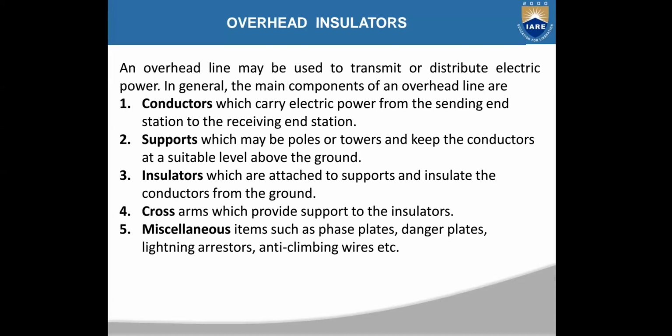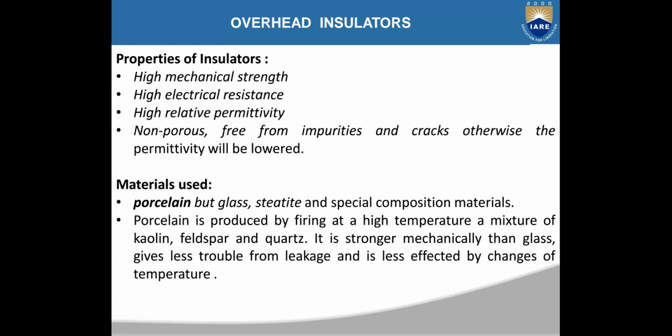There should be some properties for every insulator. If you observe the properties of insulators, the insulator should have high mechanical strength. The insulators are connected to the conductors, and conductors have some weight. To withstand those weights, the insulator must have high mechanical strength.